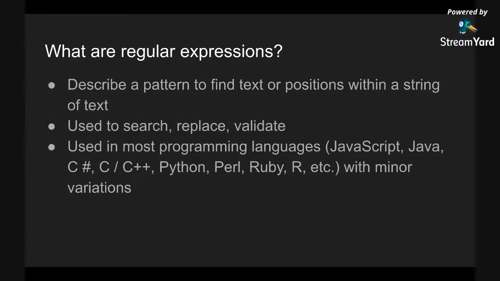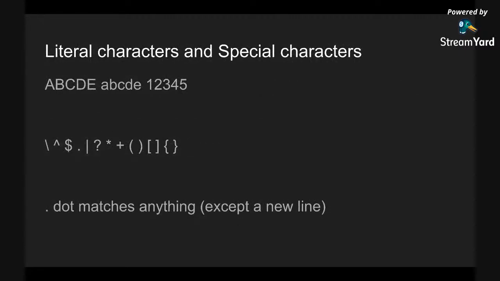So it's an extremely useful basic function. Regular expressions are made up of things called literal characters and special characters. Literal characters are things like uppercase A, B, C, D, E, or lowercase letters, or numerals like 1, 2, 3, 4, 5. And regular expressions are case sensitive by default. As well, there are special characters like the backslash, circumflex, dollar sign, the dot, and so on.